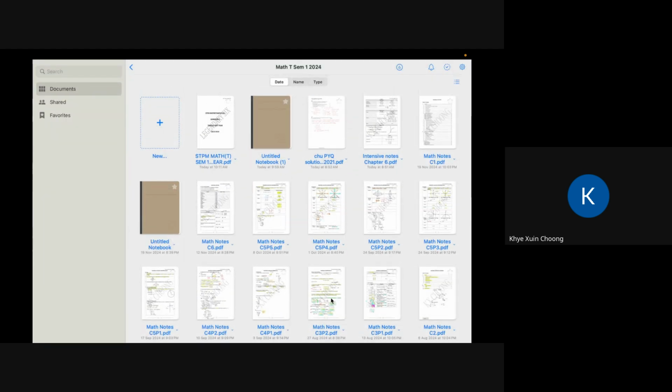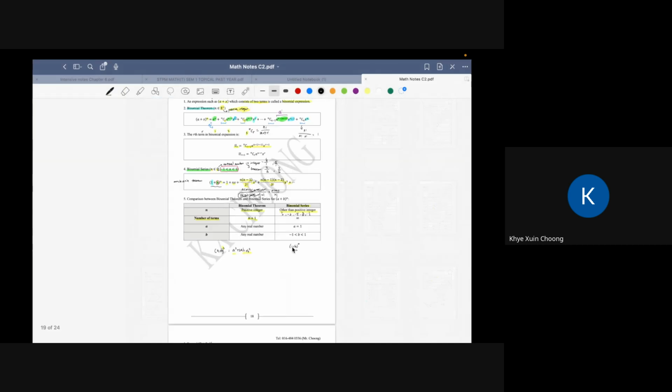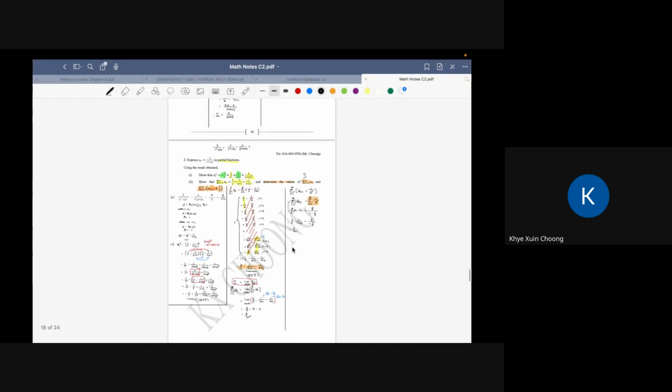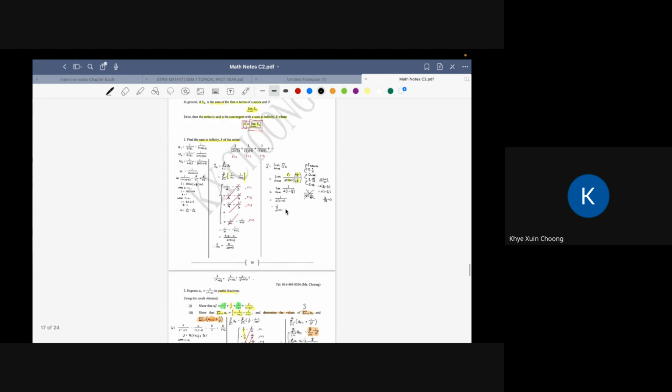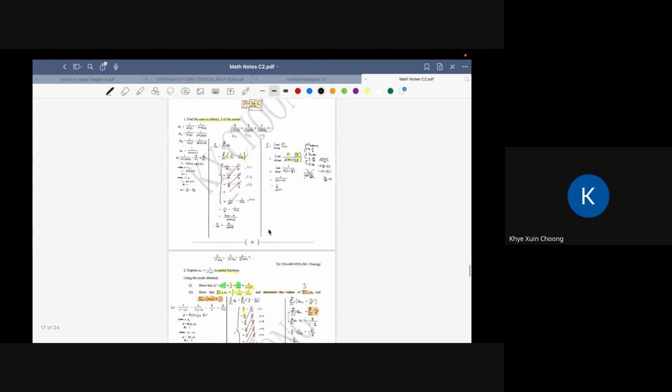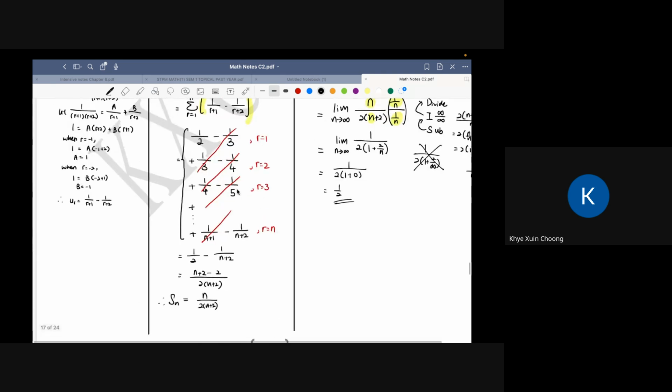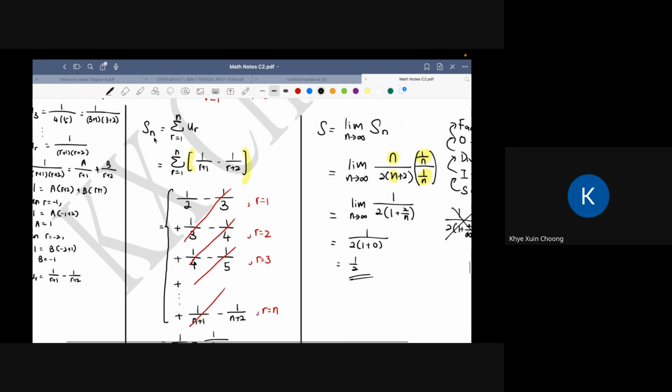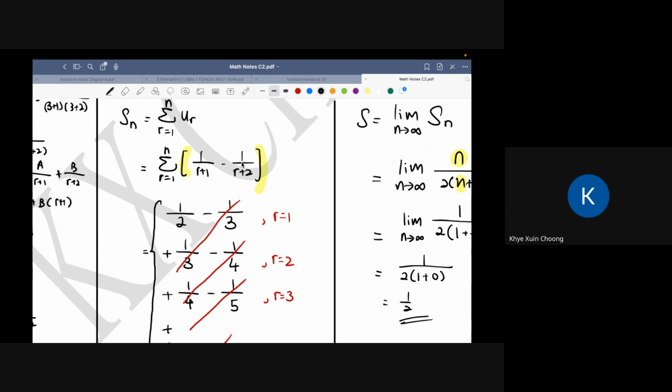Okay, so chapter 2. How do we do the difference of two terms? We do it like this. Let's say just now we managed to express this as the sum of r equals 1 until n of U_r. So we substitute U_r as the difference of two terms.